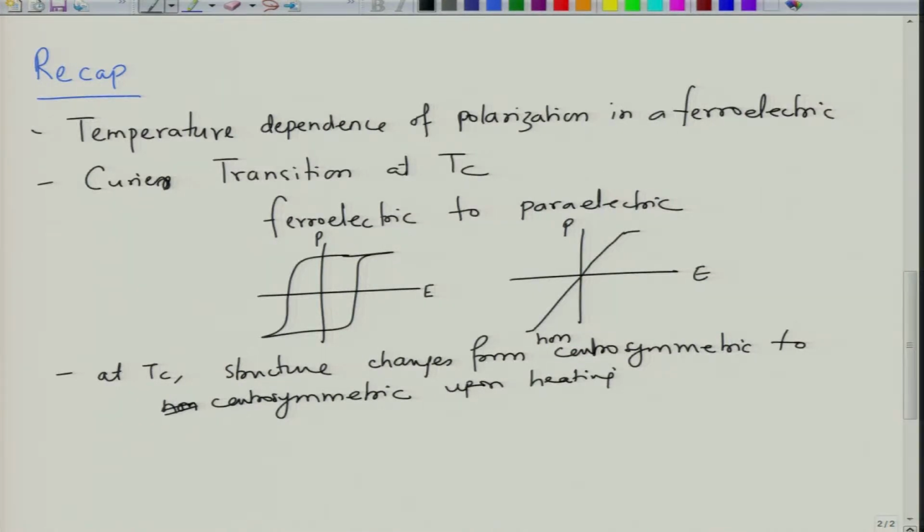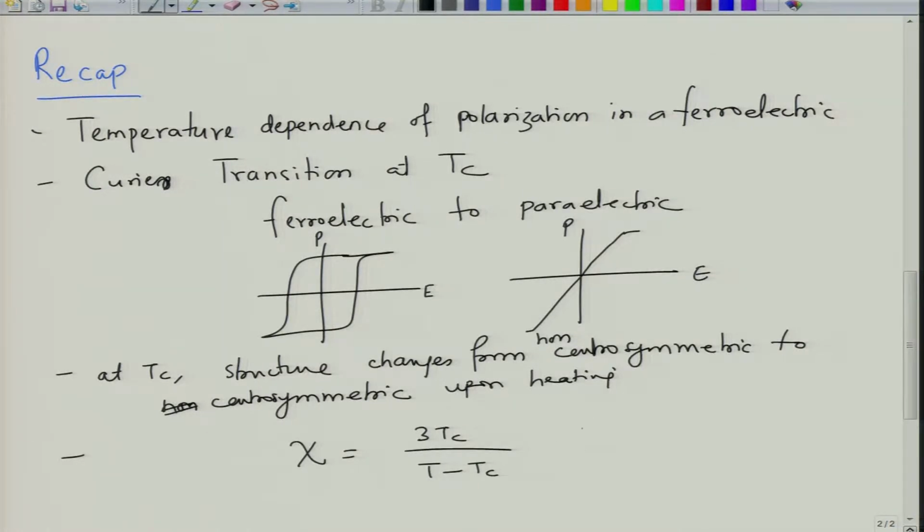And the susceptibility follows the Curie law. So, the susceptibility shows a behavior as C divided by T minus Tc.